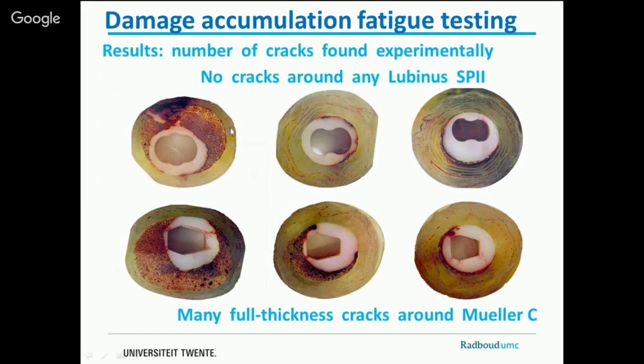So here you can see the cortex of the sawbone, here the foam, and here the cement mantle. And what you can see in the Lumina is that you cannot see any cracks. And in the Müller curve stem, you can see the cracks around the sharp corners. You see that? This is called the Müller curve stem. And the Müller curve stem is not on the market anymore because it was not doing so well. And we think one of the reasons is this.